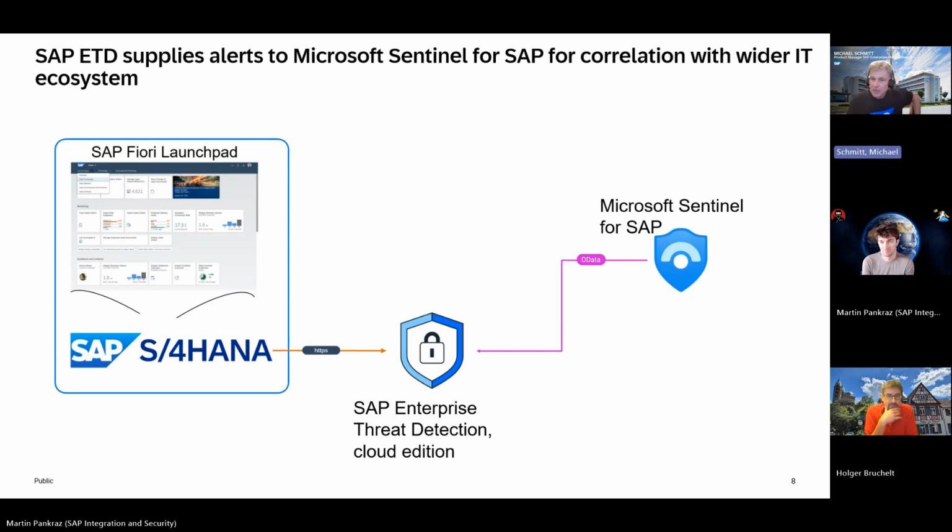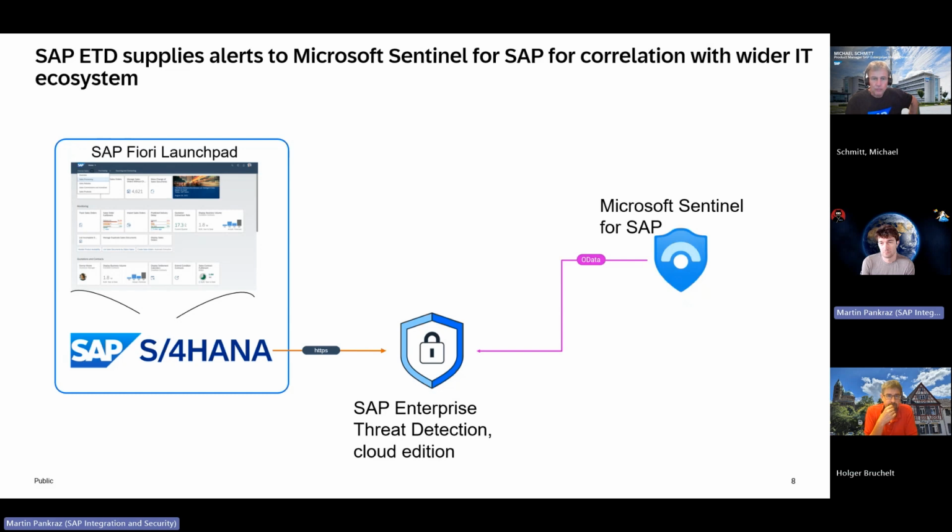So you get information from Entra, you get information from ETD, and ETD is then an additional signal that this attack arrived in the SAP system. Then putting it together again in Microsoft Sentinel, that's the most important additional value. Yeah, exactly.